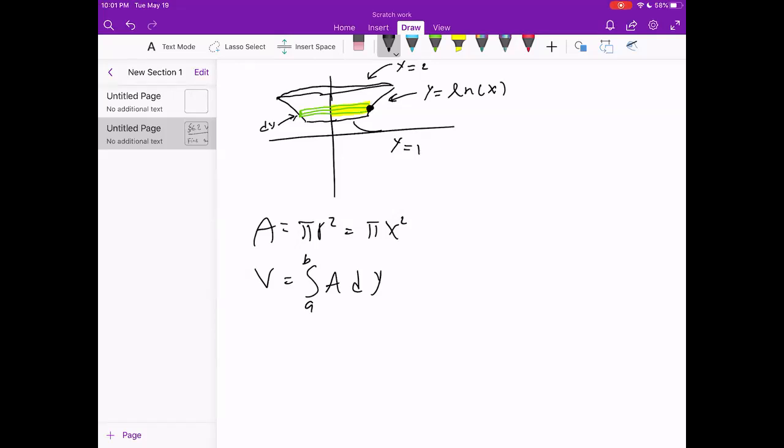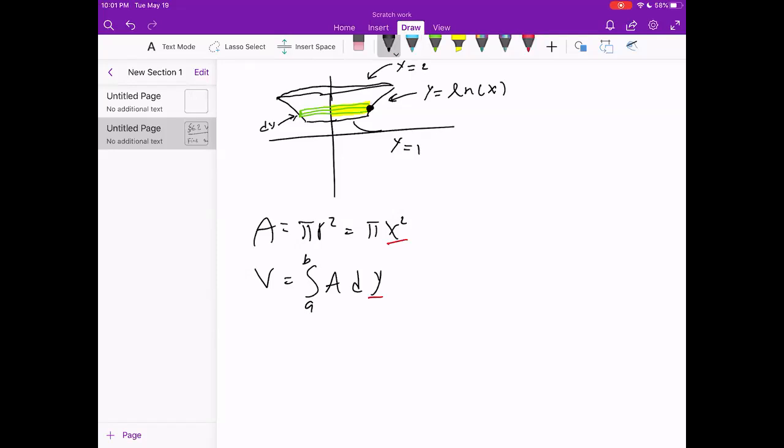What you'll notice now is that my differential is dy, and my area is in terms of x, which I cannot do. I cannot integrate x dy. It's not something you can really figure out without putting x in terms of y first.